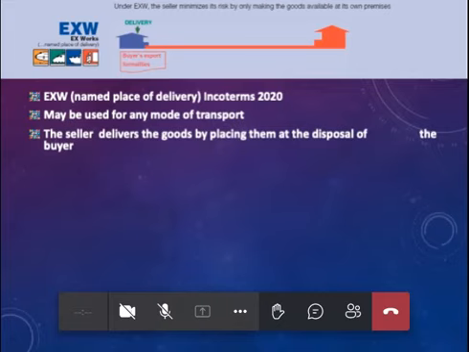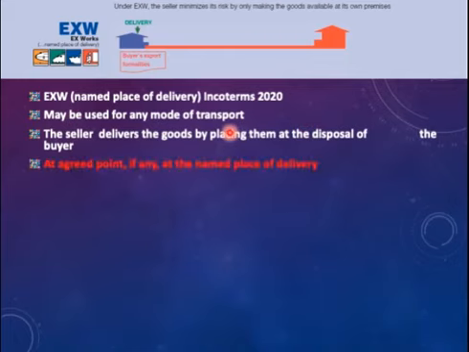So the risk transferred to the buyer when the seller placed the goods at the disposal of the buyer, at the premise of the seller. And remember that in this rule, the goods are not loaded on any collecting vehicle.